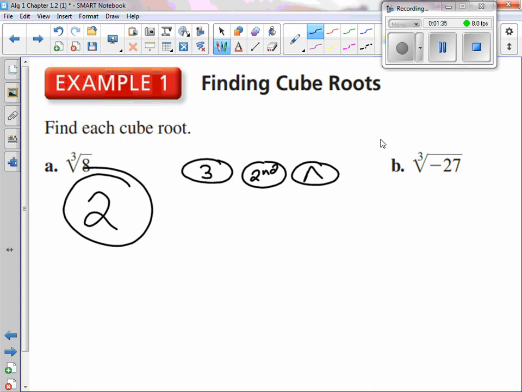Y'all are missing something. So try it with negative 27.